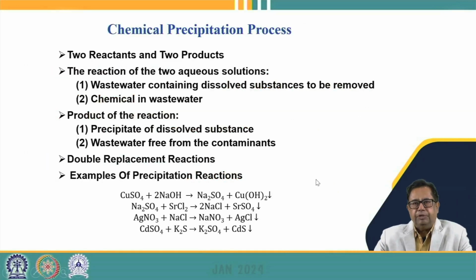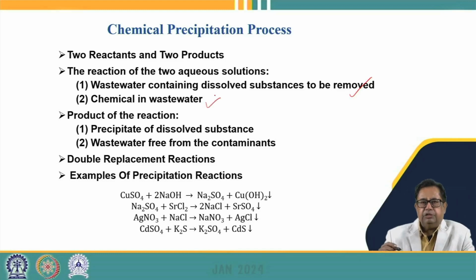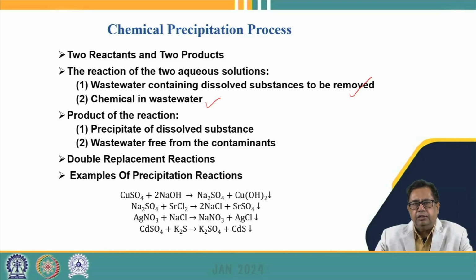In the chemical precipitation process, we have two reactants and two products. For example, in wastewater treatment by chemical precipitation, one reactant is the wastewater, which contains a number of dissolved substances that we require to be removed. We add a certain chemical or precipitant to the wastewater, and that is the other reactant.